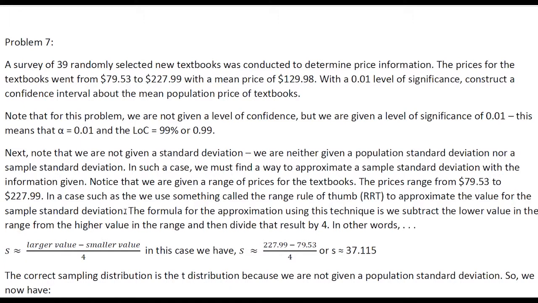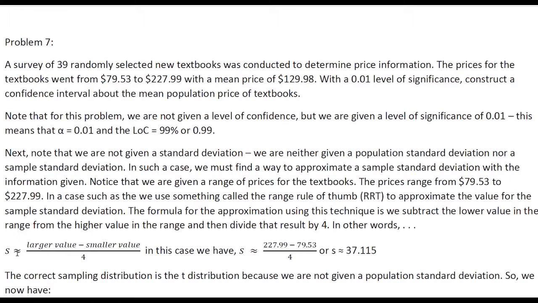for the standard deviation. The formula to do this is very, very simple. Basically, we subtract the smaller value in the range from the larger value in that range of prices that we do have. We get that result and divide that result by 4. Why 4? It doesn't really matter. We just divide by 4.